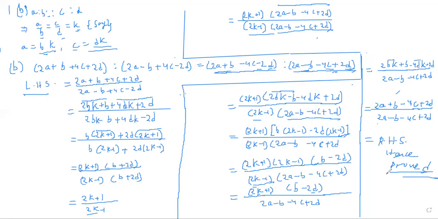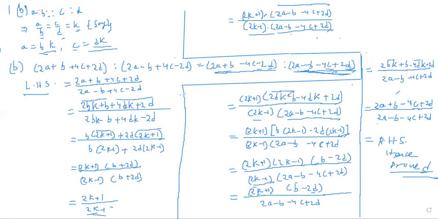So hope you all must have understood what we should do after getting the lowest term 2k plus 1 over 2k minus 1. To bring the denominator, means the consequent of the right hand side, we will multiply the numerator and denominator both with 2a minus b minus 4c plus 2d.